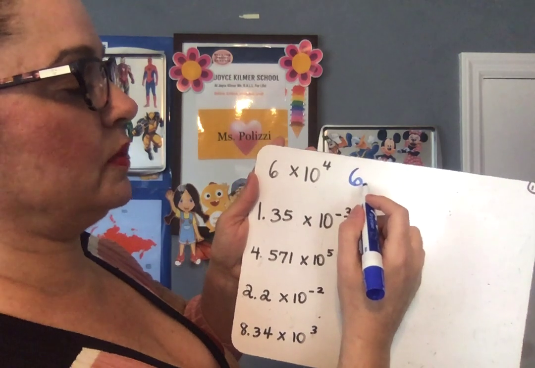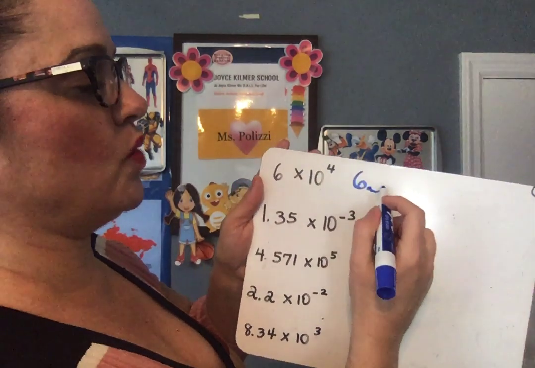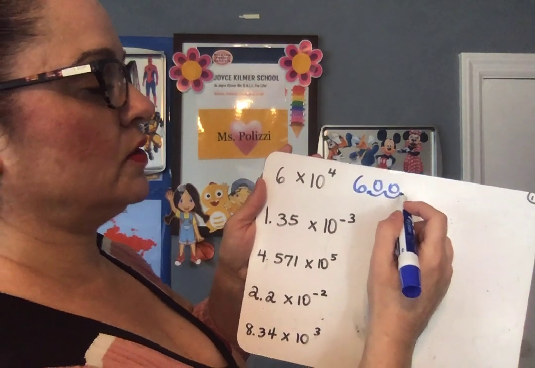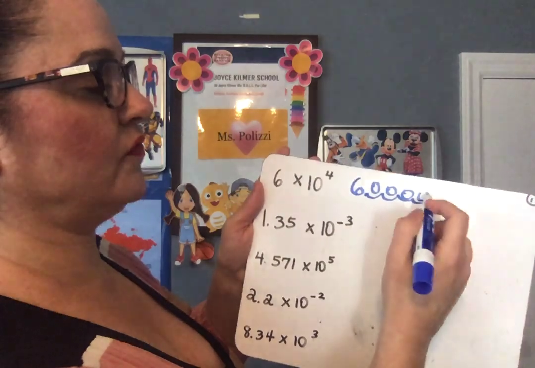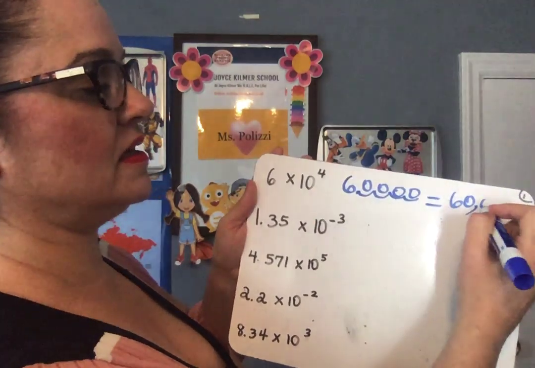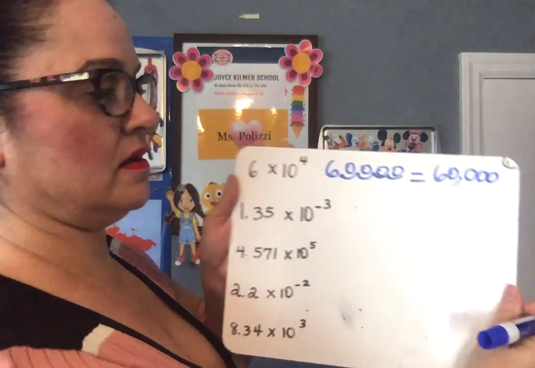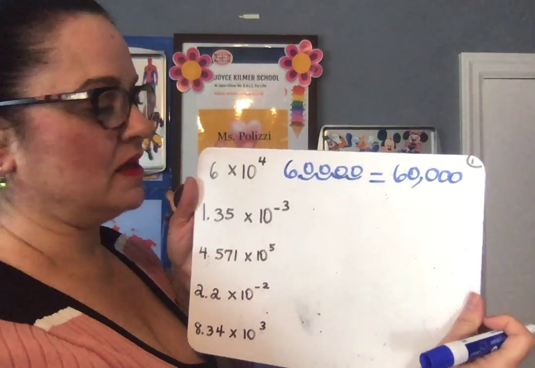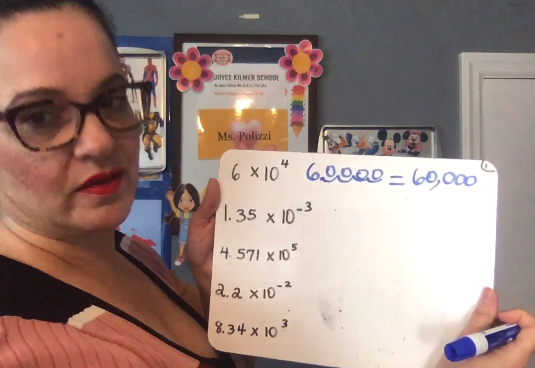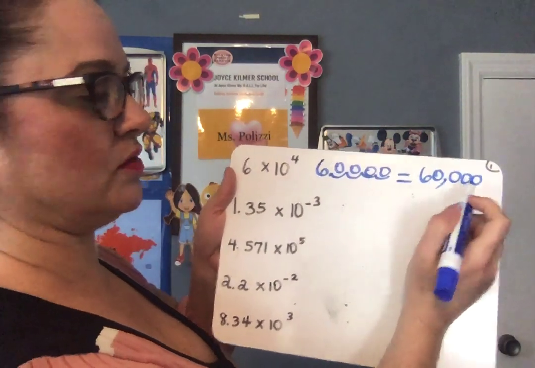So we place a decimal and we go 1, put a 0, 2, 3, and 4. So our number becomes 60,000, and that is what the answer would be. So 6 times 10 to the 4th power equals 60,000, okay? And you see it has 4 zeros.